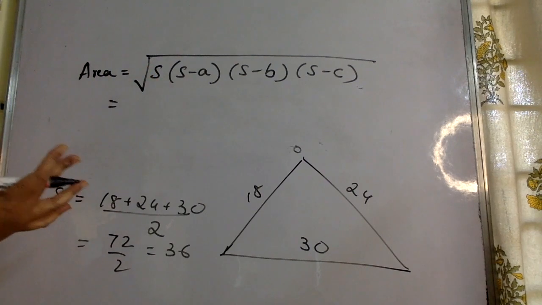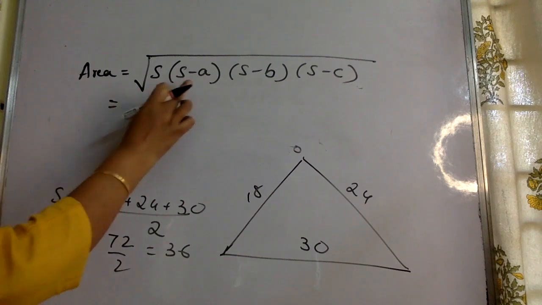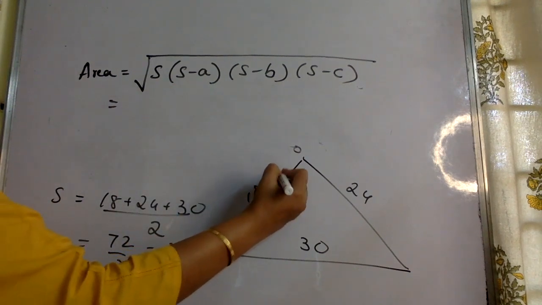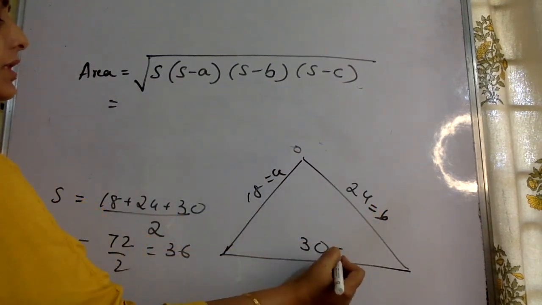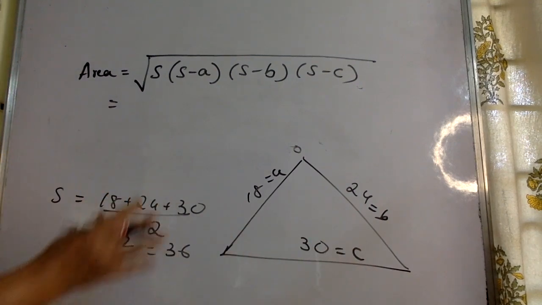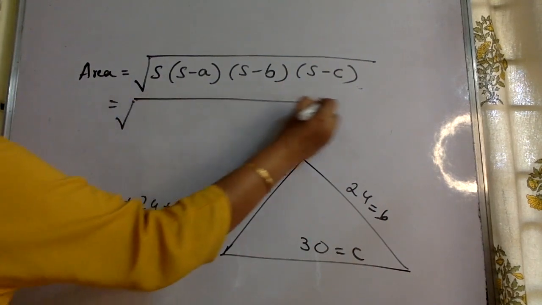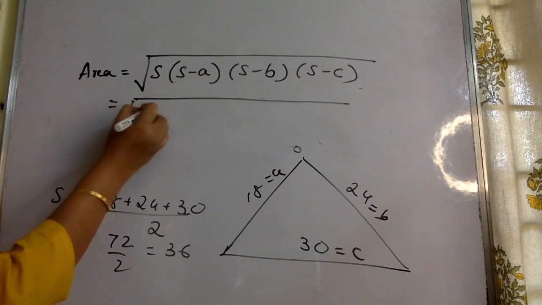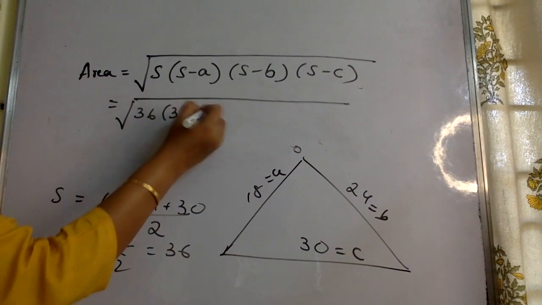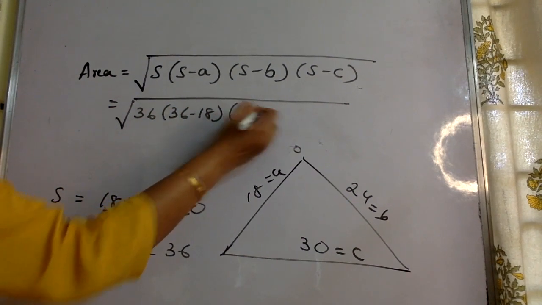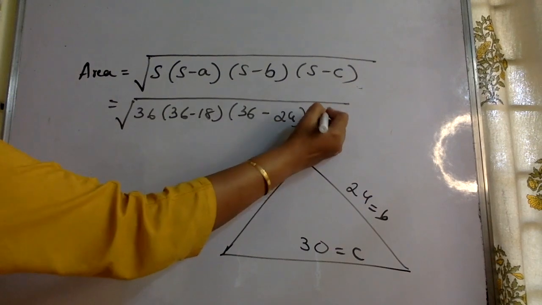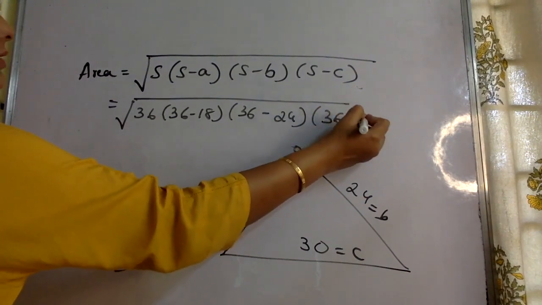S is the semi-perimeter, and then a, you can take any one side as a, any one side as b and any one side as c. Now I'll substitute it here. So this is 36 minus 18, then 36 minus 24 and 36 minus 30.